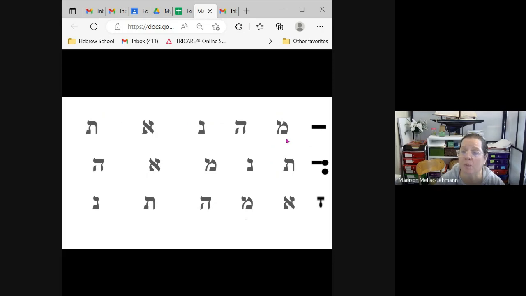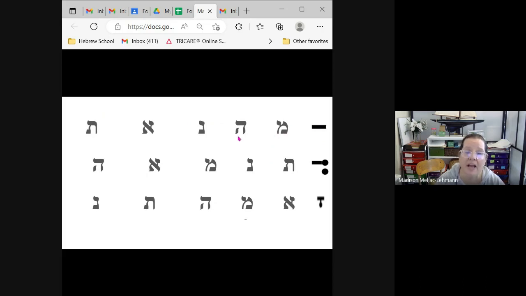Okay, here's what we call vowel drill. When we do the vowel drill, we're looking for sound. So this is all about sound production. Before we said mem, hey, here we're just going to do the sound. So the sound of the mem is "m," right? And we have an "ah" here, so "m" and "ah" is "ma."